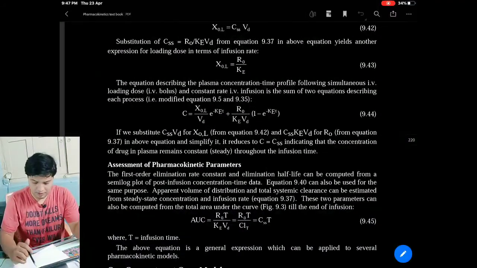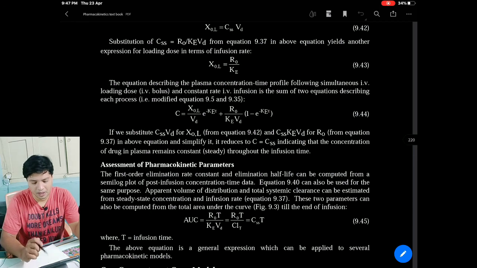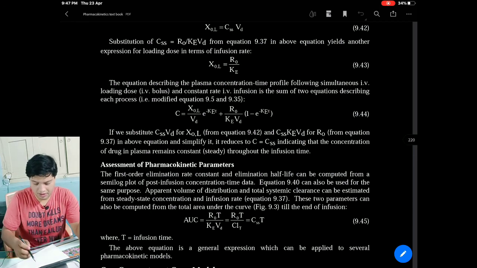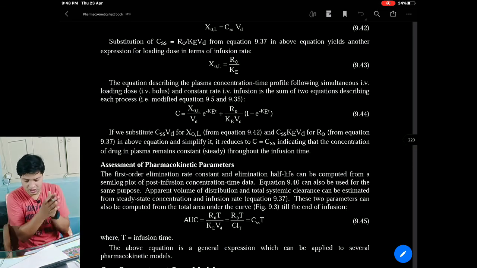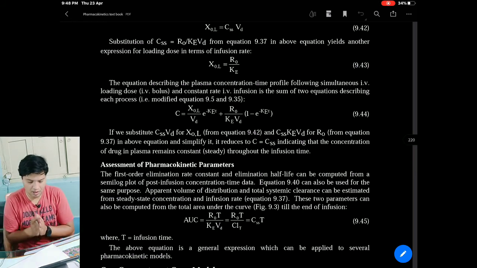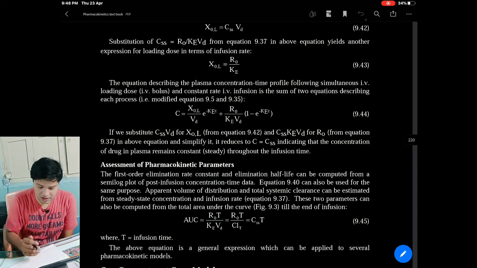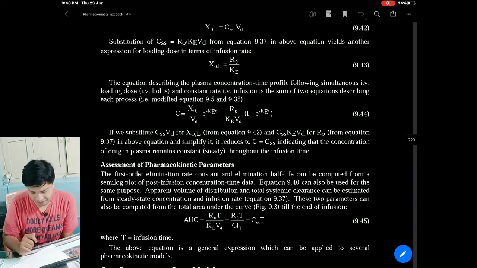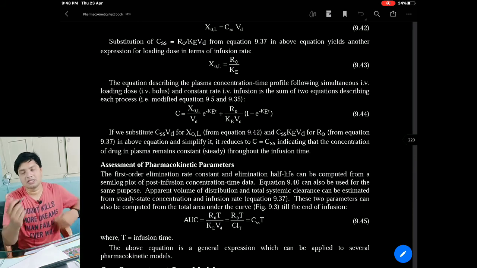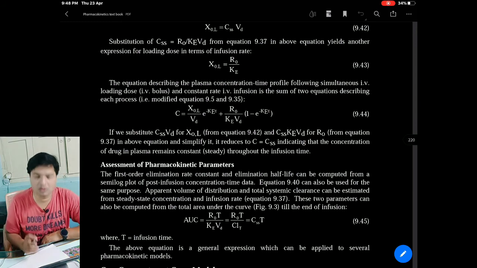Now if we substitute Css times Vd for X naught, that is the loading dose, and the rate of infusion, if you substitute the loading dose in the first equation and the rate of infusion in the second equation, and substitute this in the above equation, it simply reduces to concentration equal to the steady state concentration, indicating that the concentration of drug in the plasma remains constant throughout the infusion time.